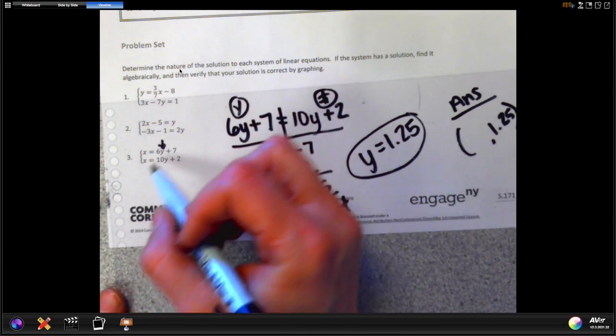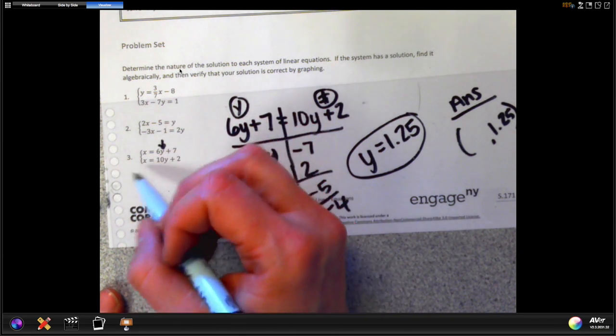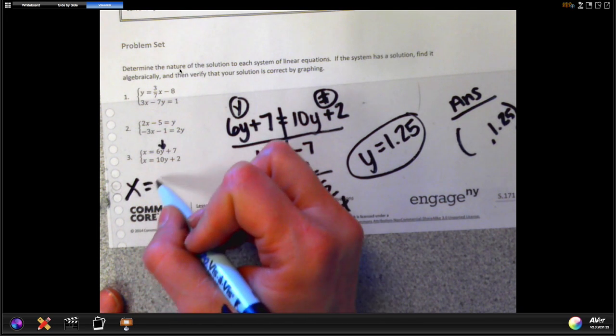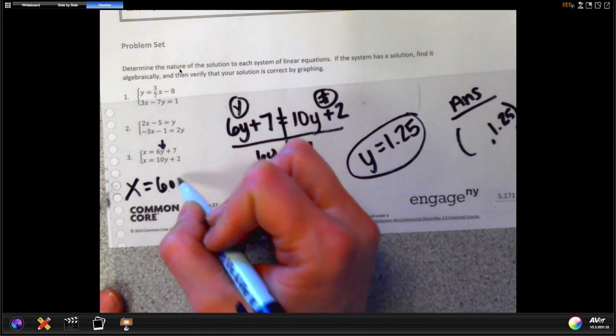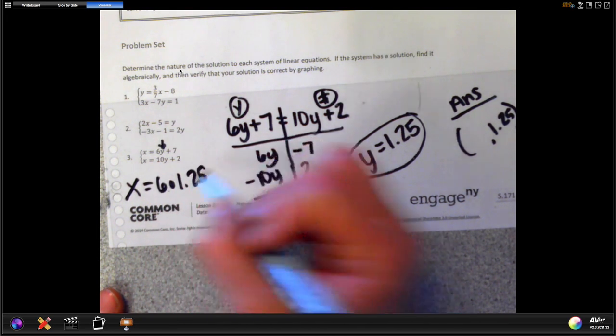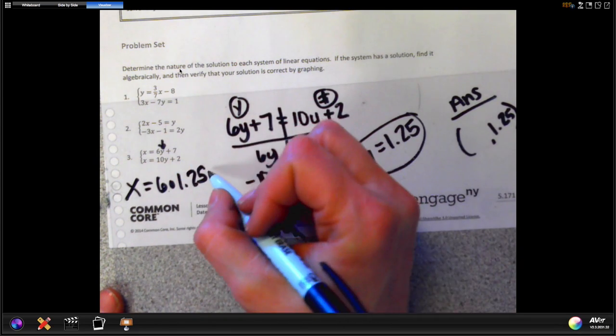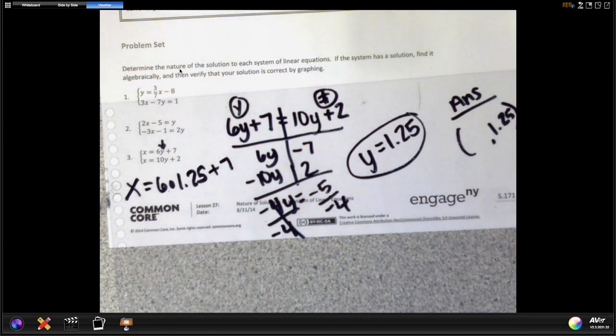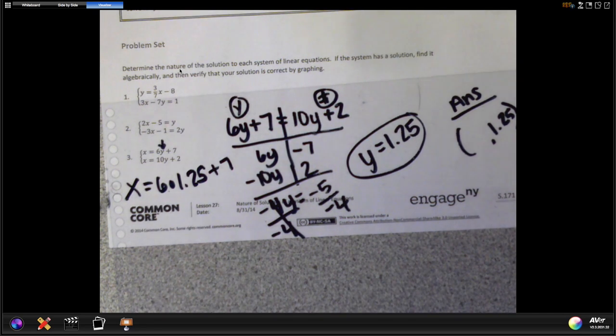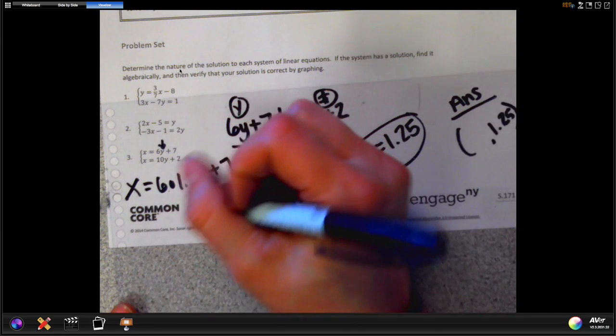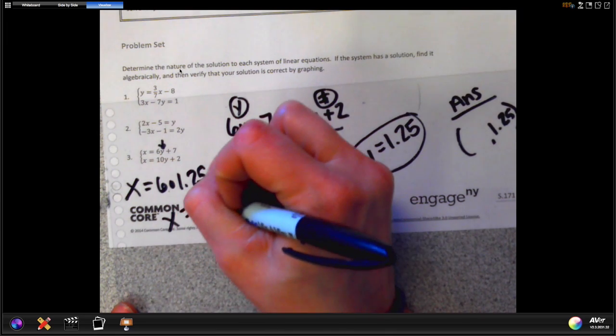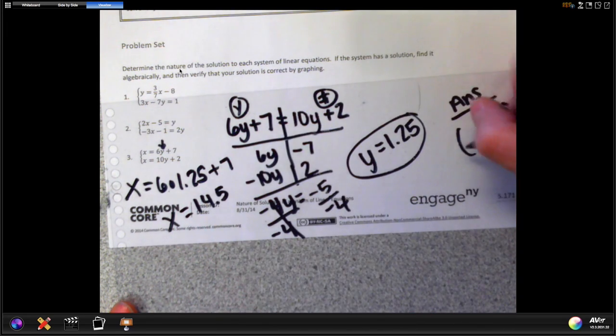So in your calculators or in your head, we're going to say x equals 6 times 1.25, because that's our answer for y, plus 7. And if you type 6 times 1.25 plus 7 in your calculator, you get 14.5. x equals 14.5. That is what you put into your ordered pair.